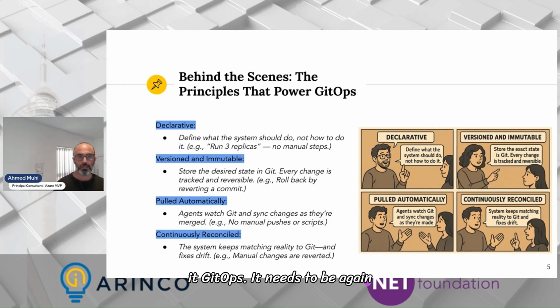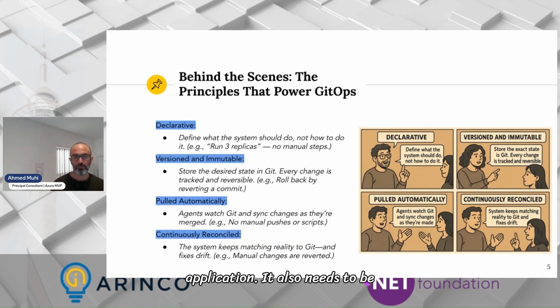It needs to be, again, declarative. For example, you would tell it, run 3 replicas of my application. A replica is just the number of pods that contain your application, how many pods run in your cluster to represent your application.